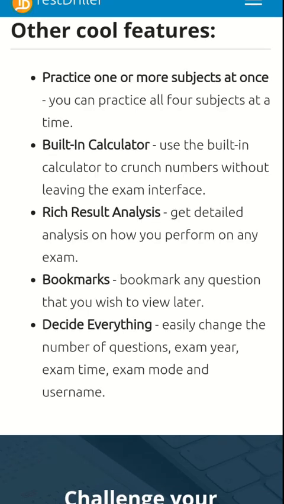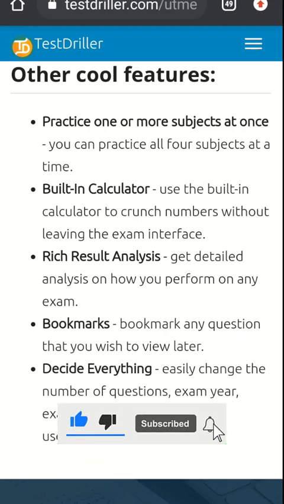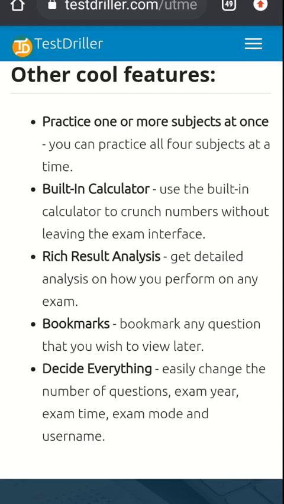Right? There's a built-in calculator that allows you to calculate your figures without necessarily leaving the page. Then a rich result analysis can help you analyze your performance after each test. Then you have bookmarks and so on.